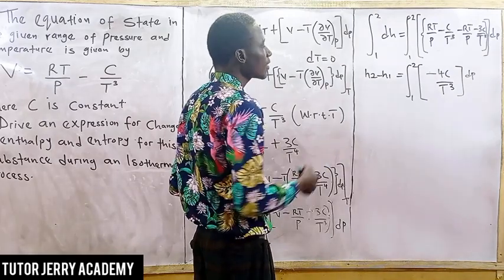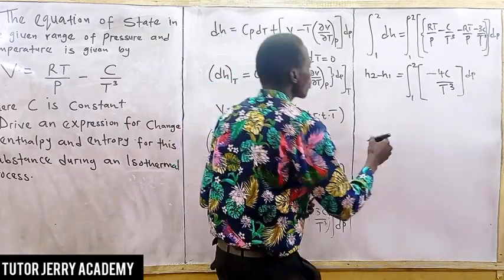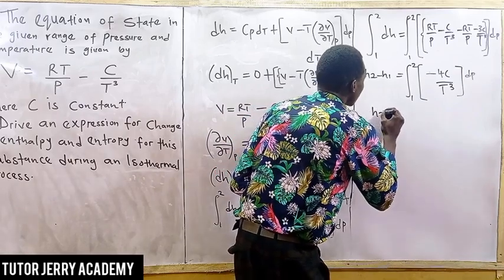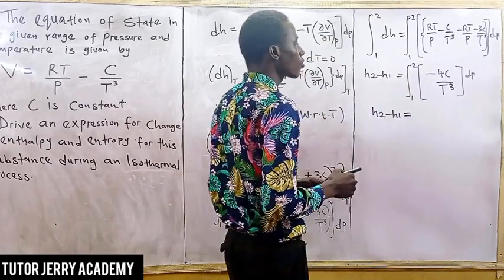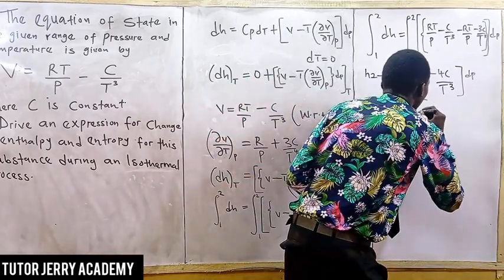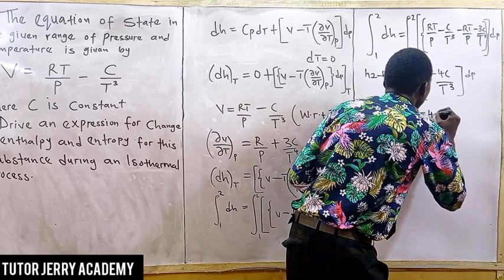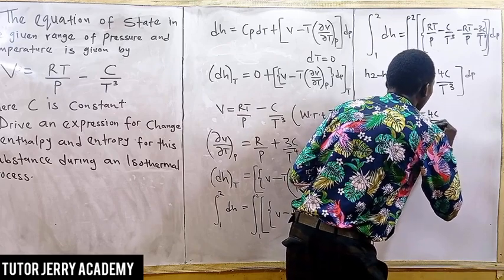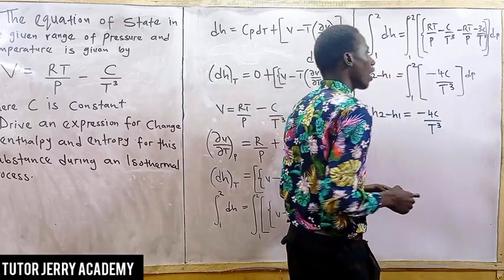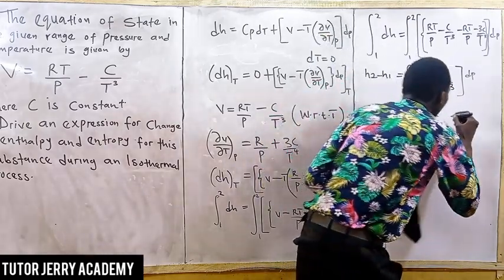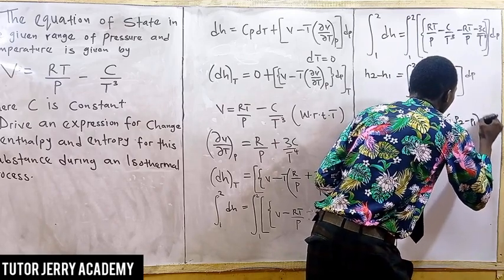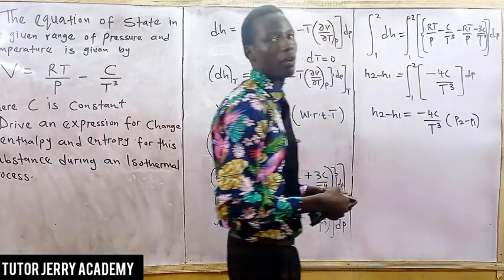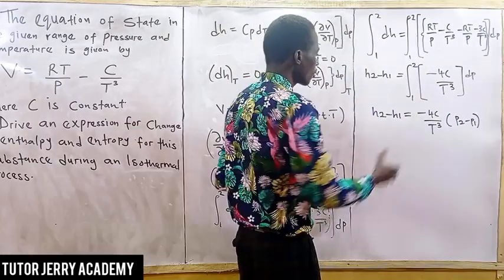It implies that H2 minus H1 is equal to minus 4C over T to the power of 3 into P2 minus P1. So this is what we have.